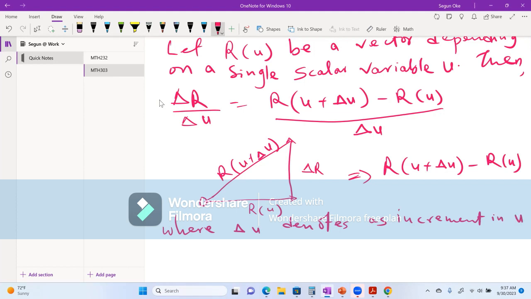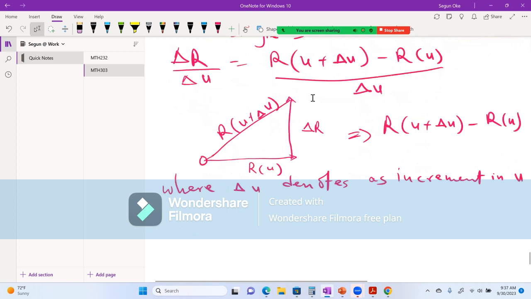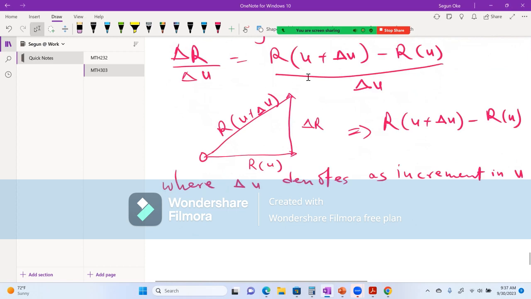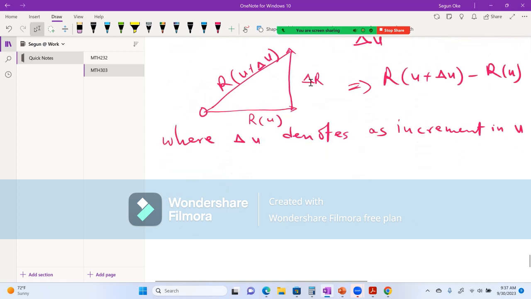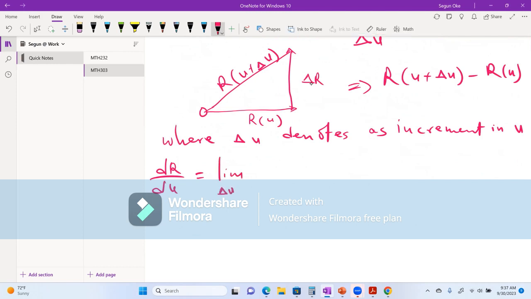When we say increment in u, I believe we all did calculus. From our knowledge of calculus, using first principle, dR/du equals the limit as change in u tends to 0 of the change in R over the change in u.